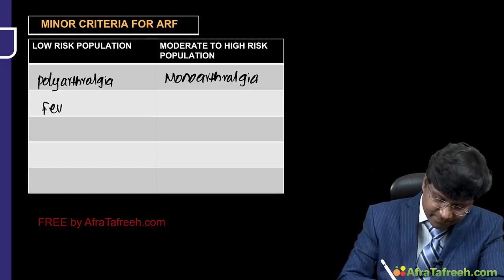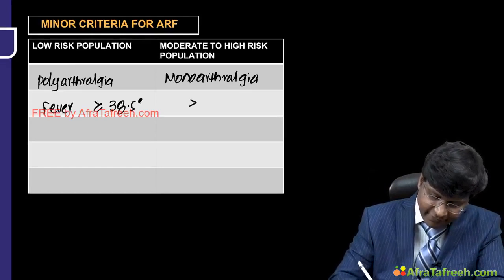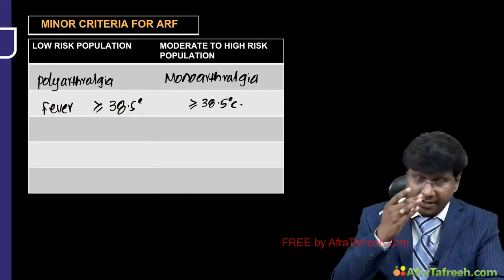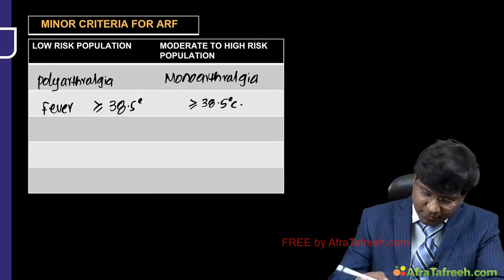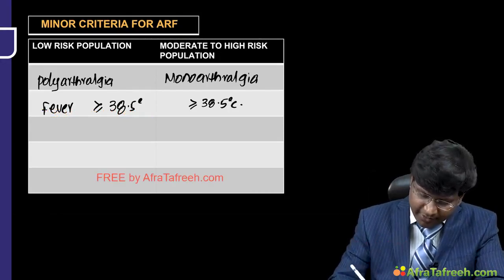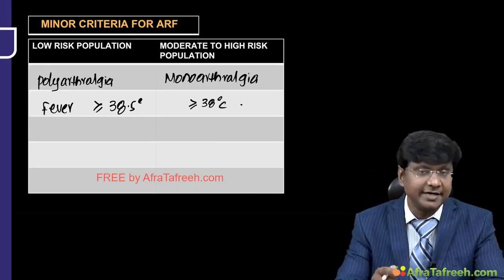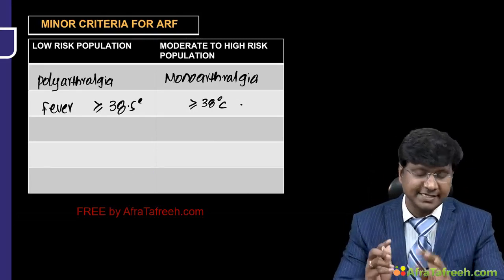Presence of fever, right? That should be more than or equal to 38.5 degrees centigrade. That will be the same for both, right? And for moderate to high risk, even 38 degrees centigrade is also taken as minor criteria. But the point of difference is for ESR and CRP.